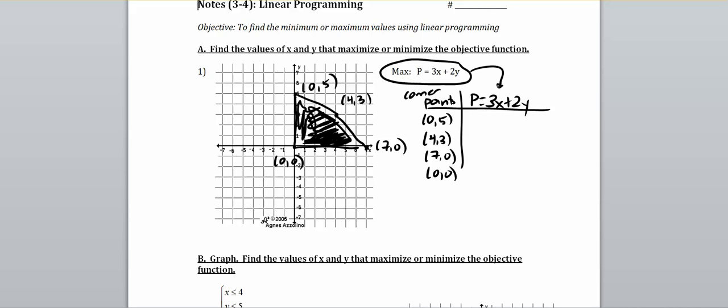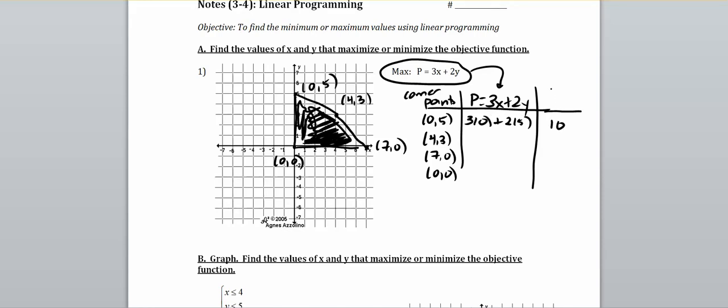So in this example, I want to find the maximum of my profit, and they gave me the objective function to be 3x plus 2y. What I'm going to do is find out what my answer is when I plug in 0 for my x and then 5 for my y. So I plug in 3 times 0, which is 0, plus 2 times 5, and I would get 10.